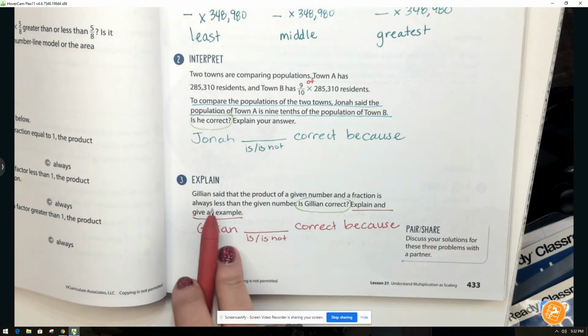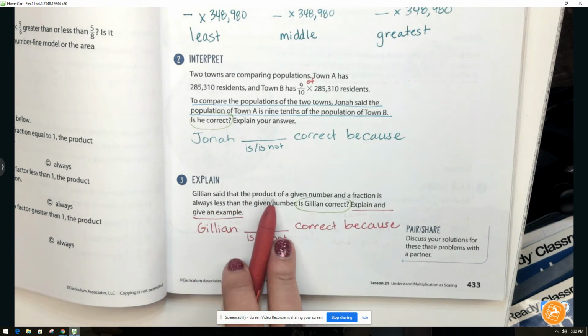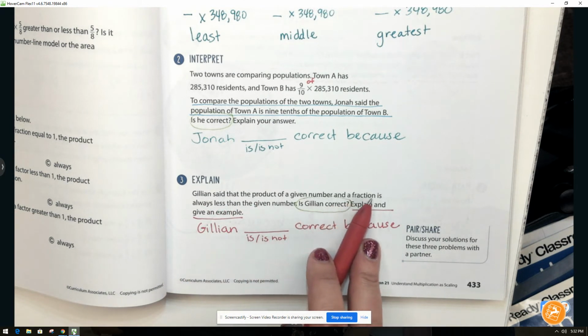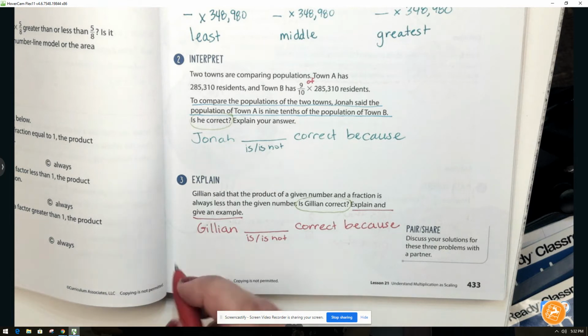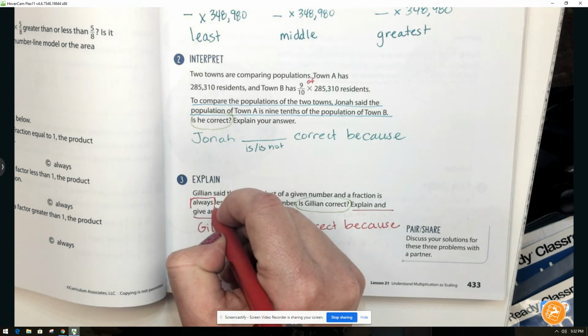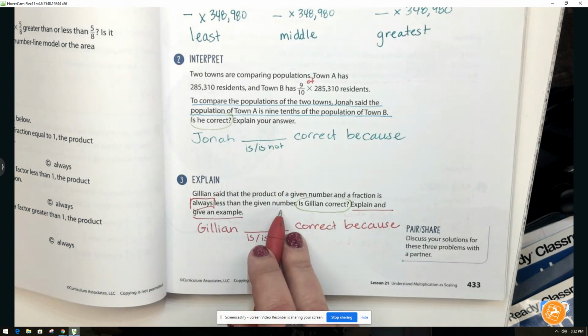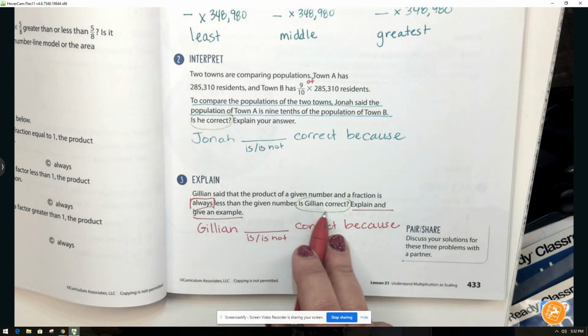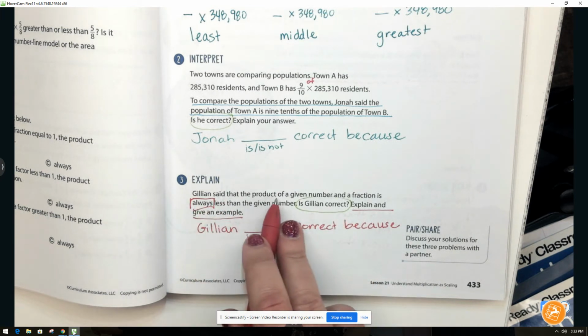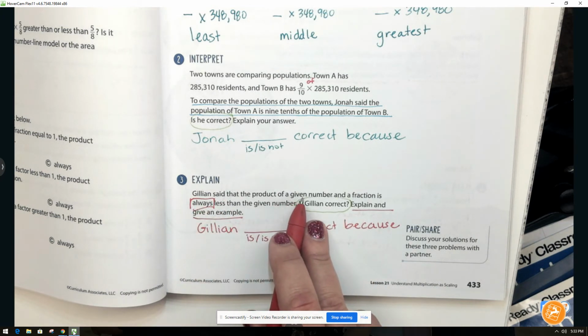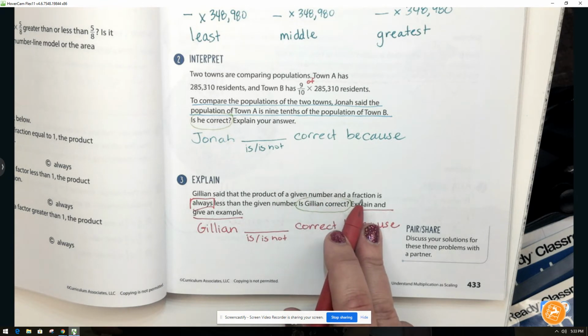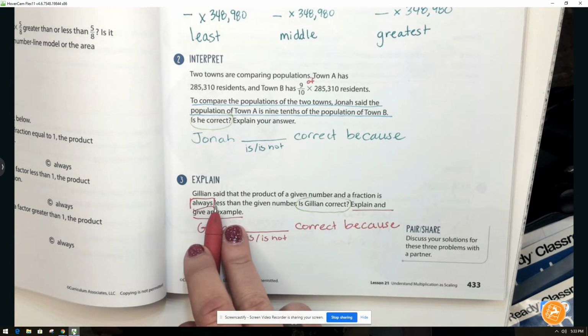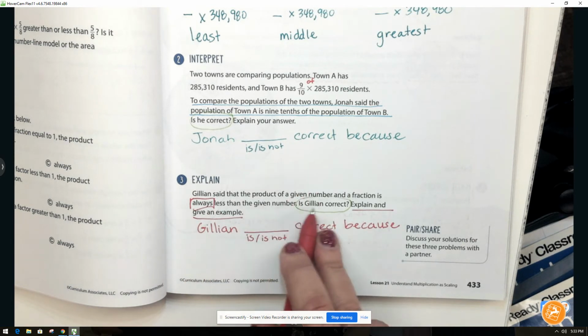Number 3 says this. Jillian said that the product of a given number and a fraction is always, the key word there, always less than the given number. Is Jillian correct? So what Jillian's saying is that anytime you have any number and you multiply it by a fraction, your product will always be less than the given number.